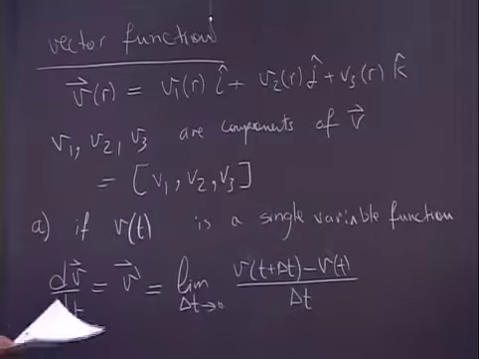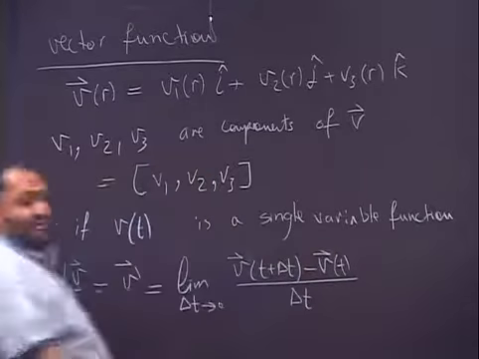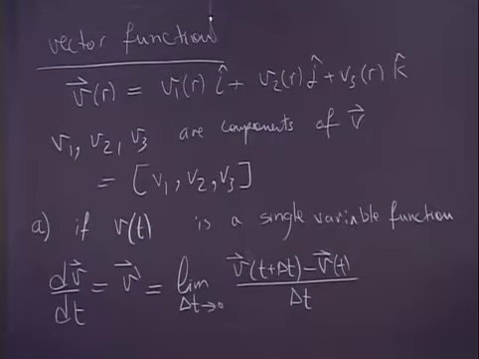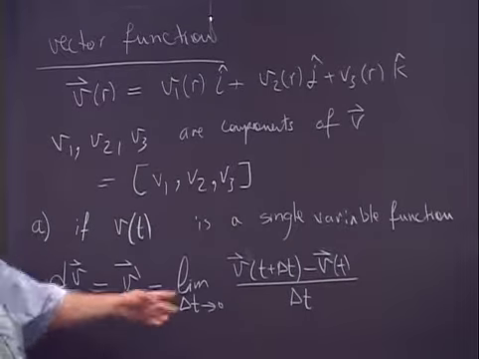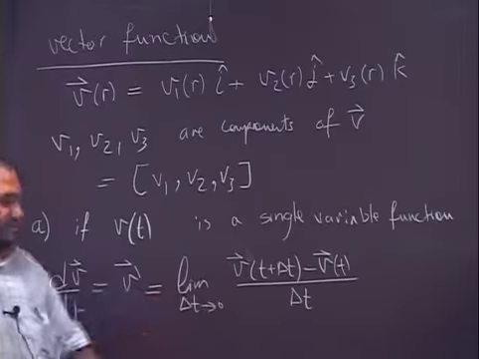This is just the normal definition of the differentiation for a scalar function. The only difference is v now is not a scalar function, v is a vector function. So this is exactly the same.